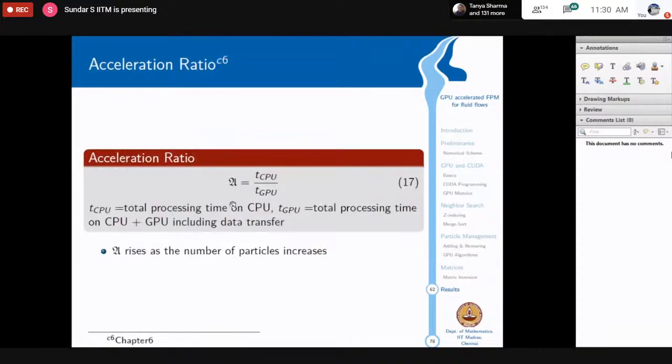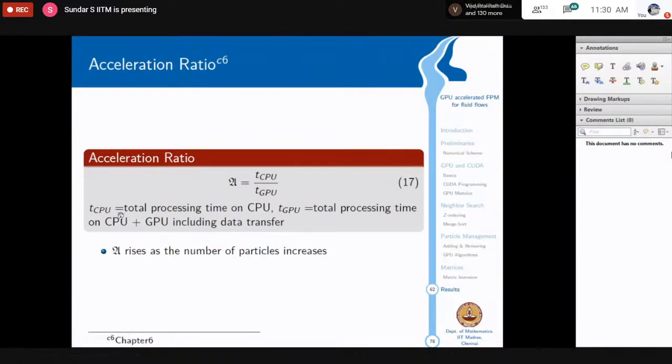So what we have defined is acceleration ratio. Time at CPU divided by time at GPU. This is called acceleration ratio. This will clearly tell you that as this acceleration ratio rises, the number of particles increases. Then that is a good trend. As your acceleration ratio increases, it indicates your speed up, meaning your GPU is much faster.